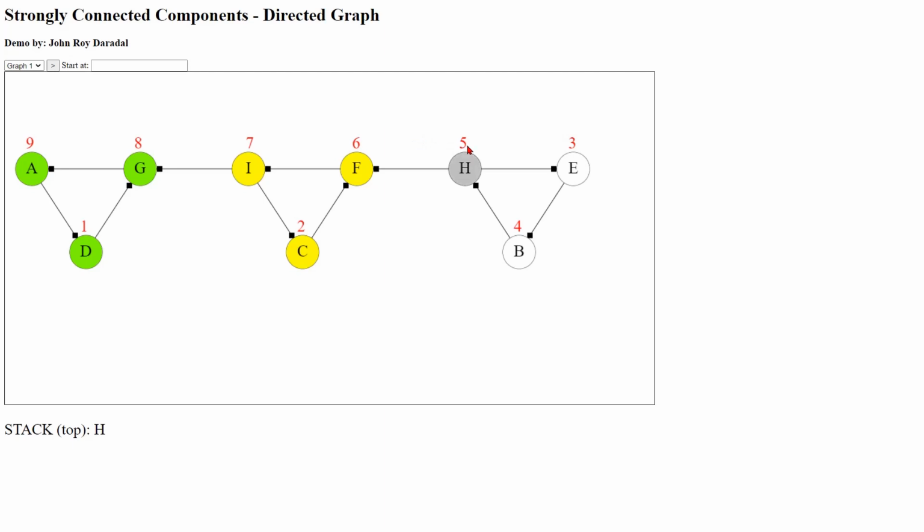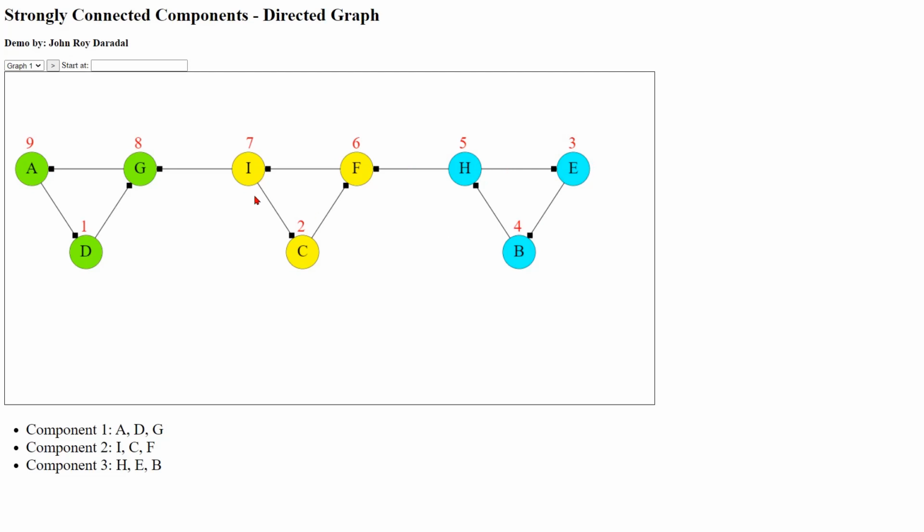It will start at H. From H it will discover E, and then B, and then dead end. So from 5, 4 is also done, 3 is also done, 2 and 1 is also done. So we have now discovered our 3 connected components, ADG, ICF, and then HEB.